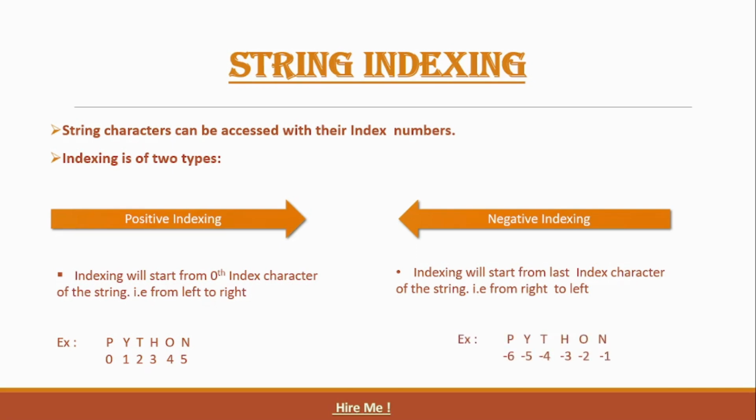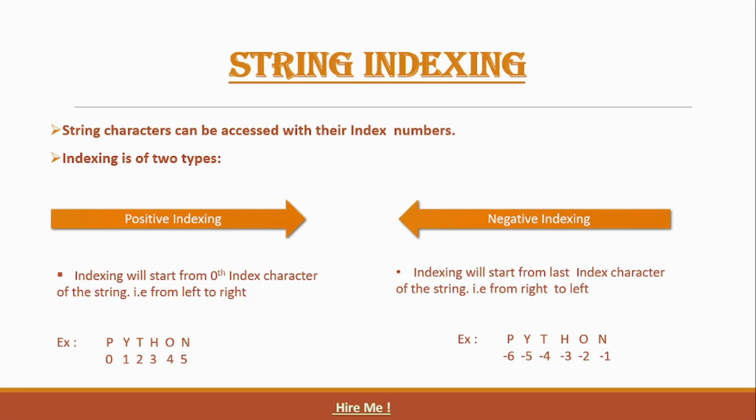I have taken the same string Python. Whereas in positive indexing we refer to P as our very first character by considering its index value as 0, in negative indexing we are going to access the string from the end of the string. So here, the indexing always starts from -1 and the last character will be denoted as -1.